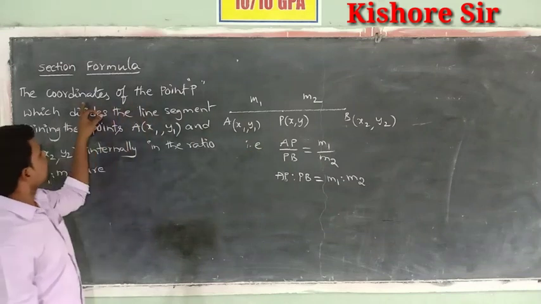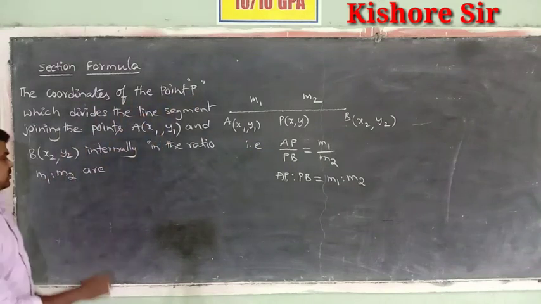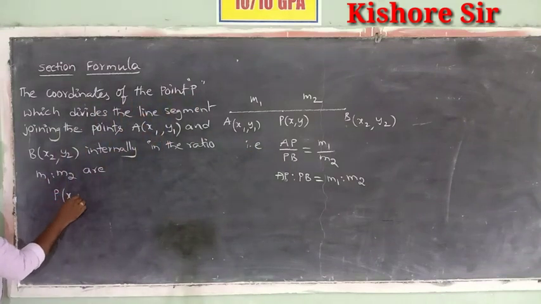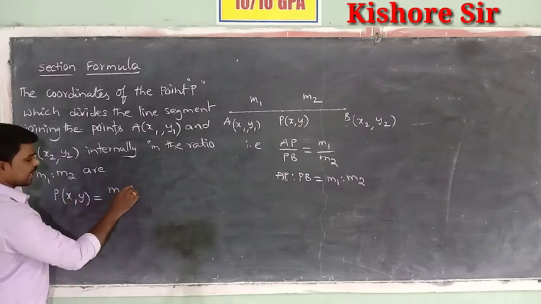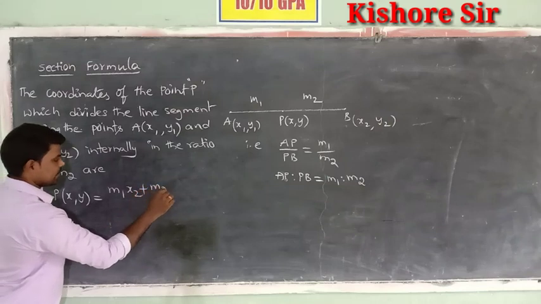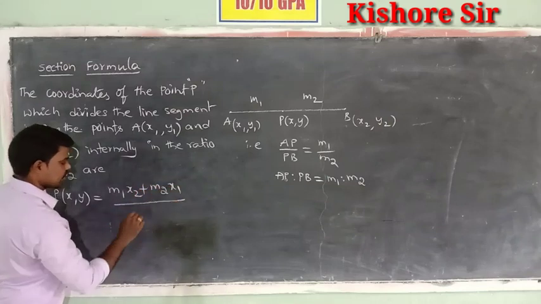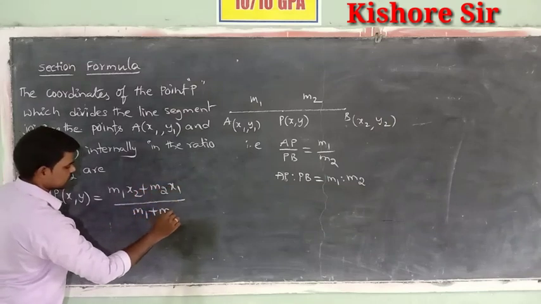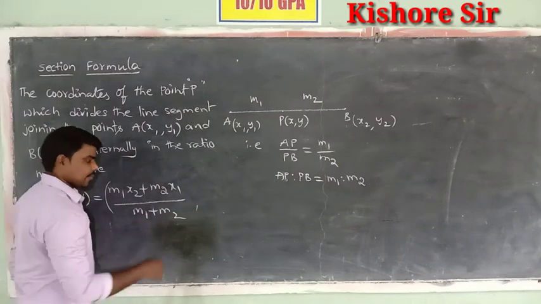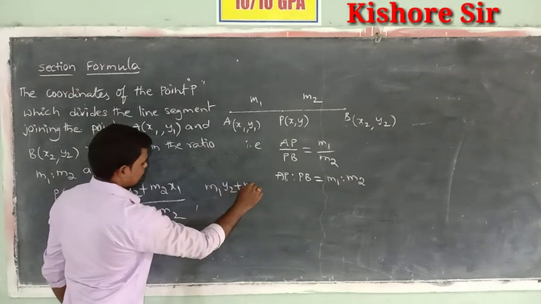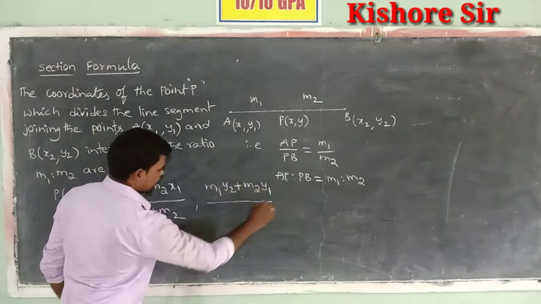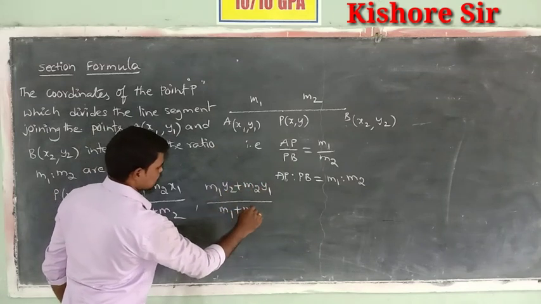Then the coordinates of the point P are P of x, y is equal to m1 x2 plus m2 x1 by m1 plus m2, comma, m1 y2 plus m2 y1 by m1 plus m2.